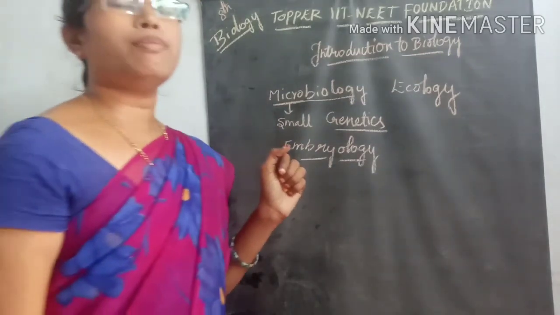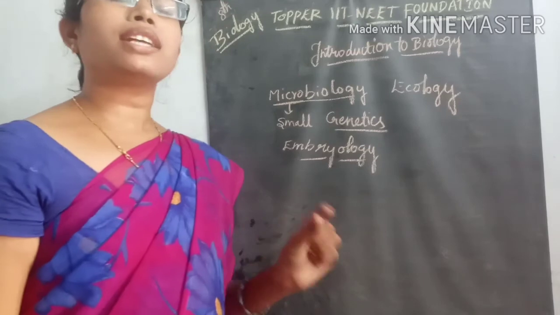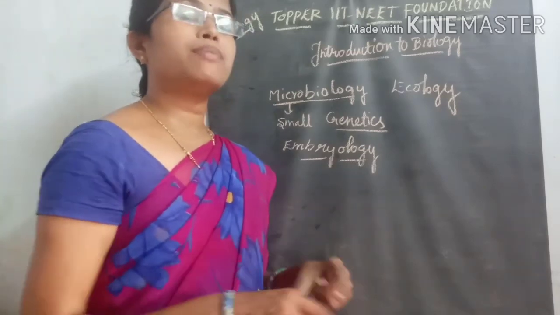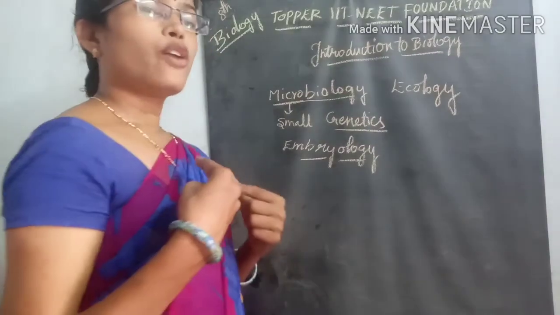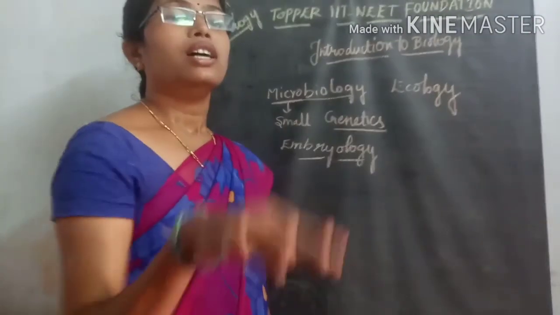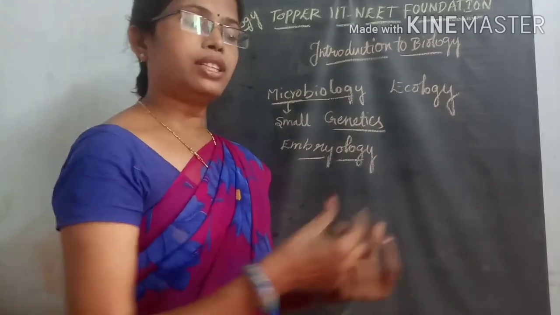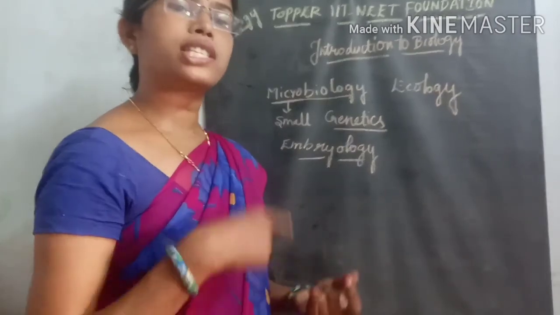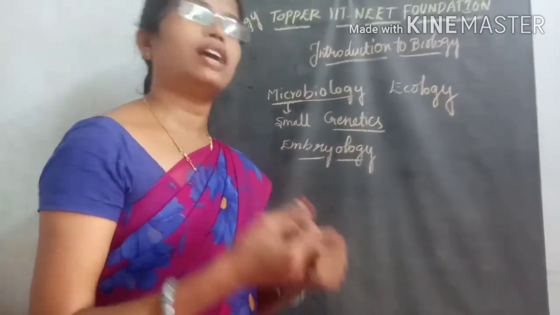And another important science related to biology is ecology. Ecology is the study of interaction between living organisms and their surroundings. We human beings always interact with different organisms surrounding us. For example, we interact with cows, buffaloes, dogs, pet animals, domestic animals and wild animals.